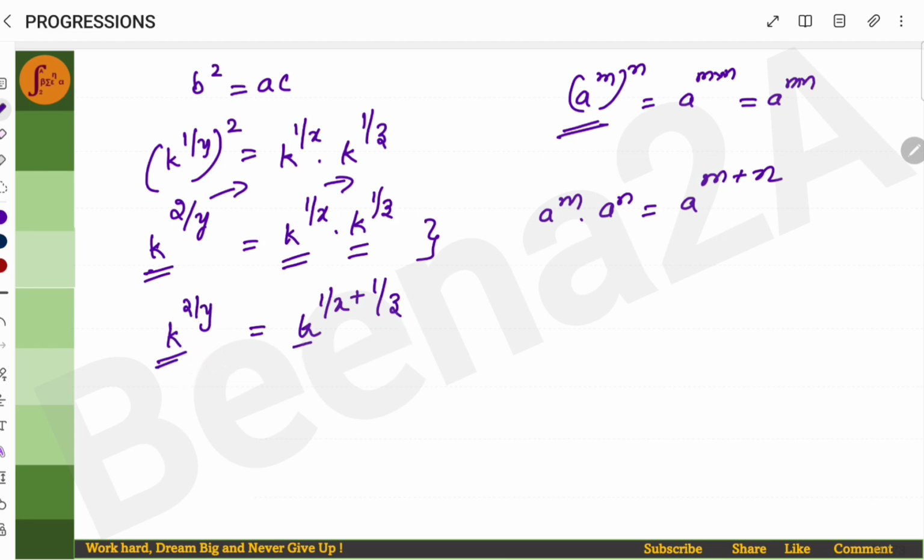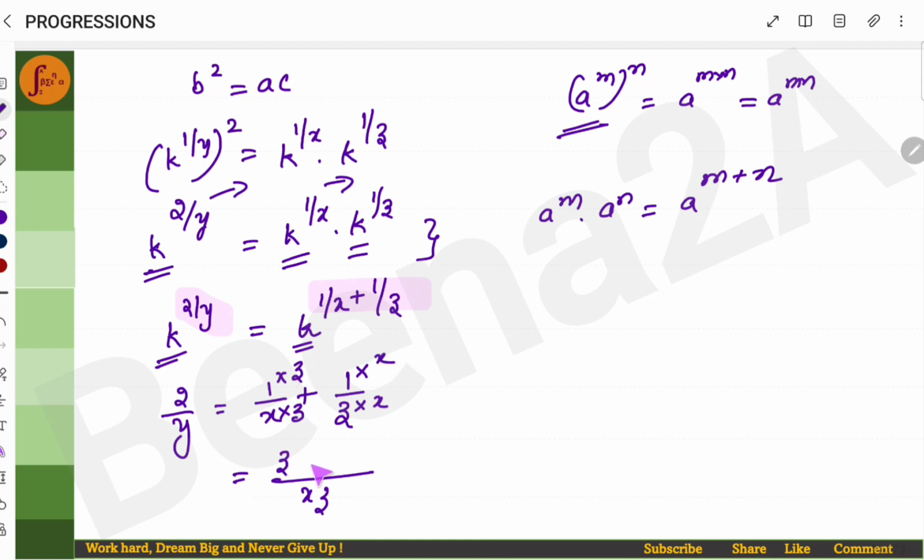Now since the bases are the same on both the sides, we can say that the powers are also the same, which means 2 by y is equal to 1 by x plus 1 by z. So for x and z we take the LCM. I have to multiply this with z to get this LCM, but I multiply the numerator. Similarly here I have to multiply with x, and I multiply the numerator.